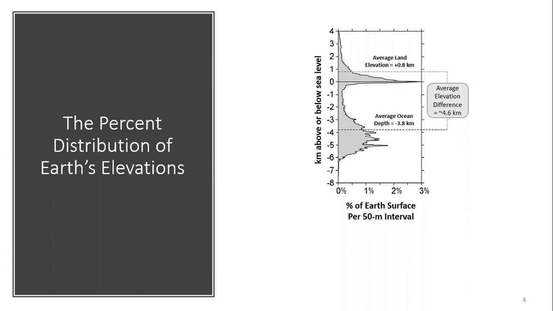This histogram shows two distinct concentrations of elevations: 0.8 kilometers, the average elevation of land above sea level, and negative 3.8 kilometers, the average depth of the ocean below sea level, producing an average elevation difference of approximately 4.6 kilometers.